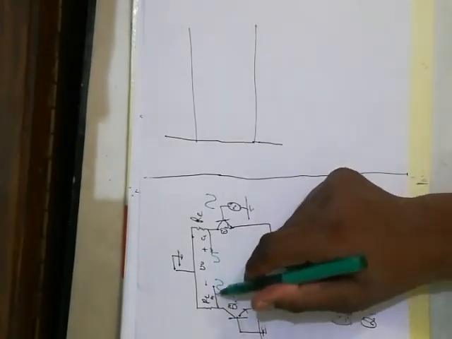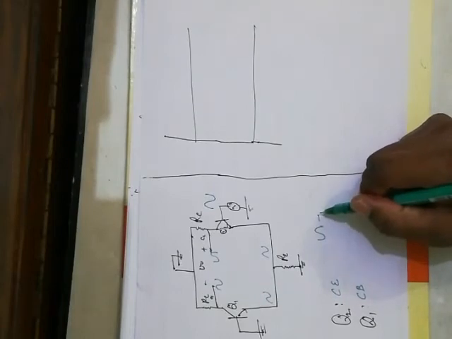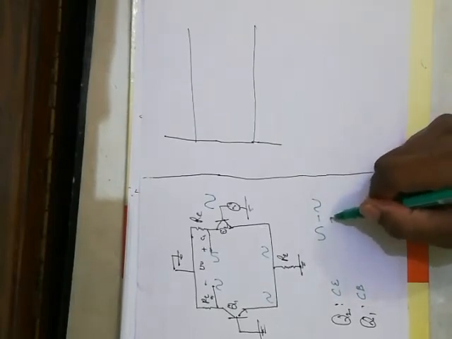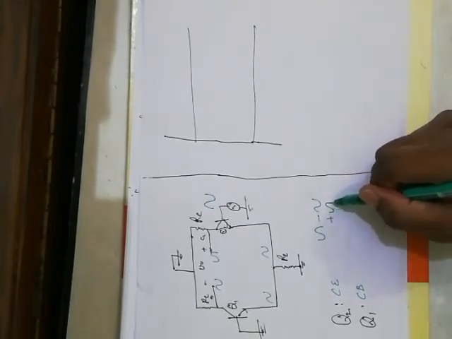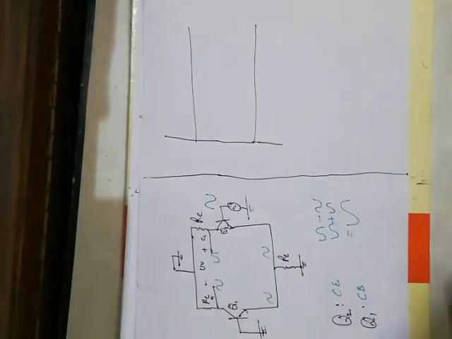So now this is C2, this is C1, C2 is this, C1 is this, and by the geometry I can write this, and this is the geometric sum of these signals.